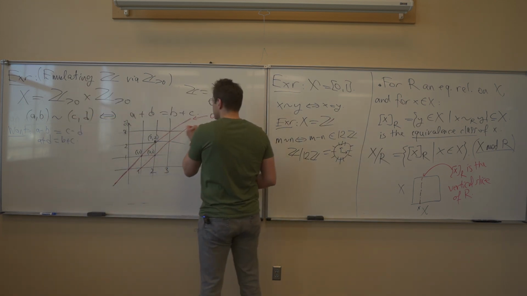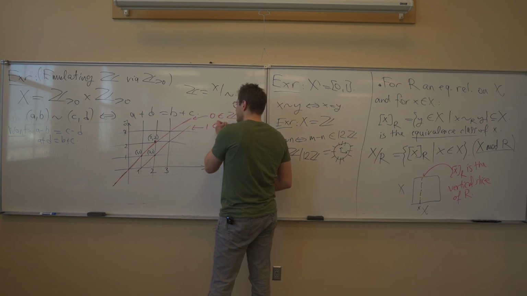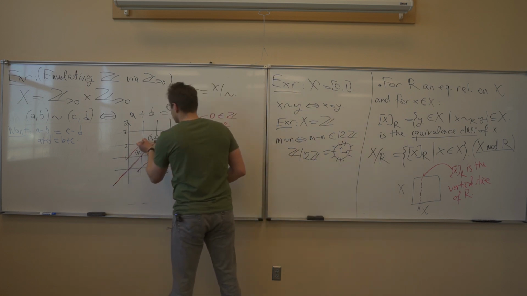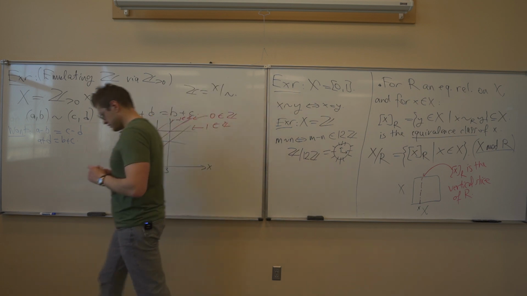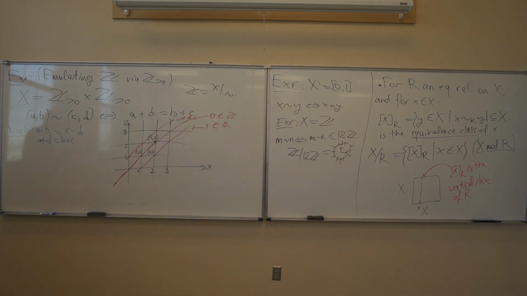So this line really is 1 in integers, and this line is minus 1 in integers and so on. Okay? And how do you add two integers? That is to say, two lines in the plane? Well, you just add using vector addition. I'm going to leave it to you. Okay?